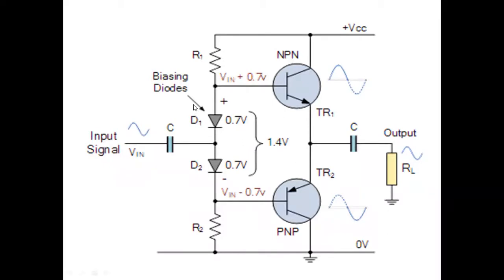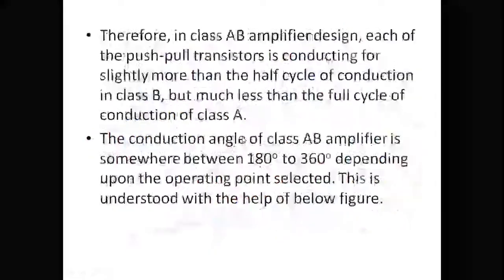But by the use of these two diodes, we are providing the cut-in voltage, 0.7 volts to this transistor and minus 0.7 volts to this transistor, and whenever the signal is applied, the base emitter junction is at 0.7 volts, so instantly the transistor is on and we can get the full cycle. Similarly, this transistor is also conducting. Because of these two diodes, we can get the full cycle at the output. There is no crossover distortion.